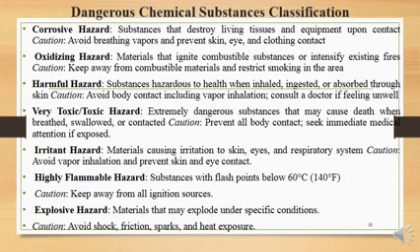Caution: keep away from combustible materials and restrict smoking in the area. We have the harmful hazard: substances hazardous to us when inhaled, ingested and absorbed through skin. Caution: avoid body contact including vapor inhalation, consult a doctor if feeling unwell.